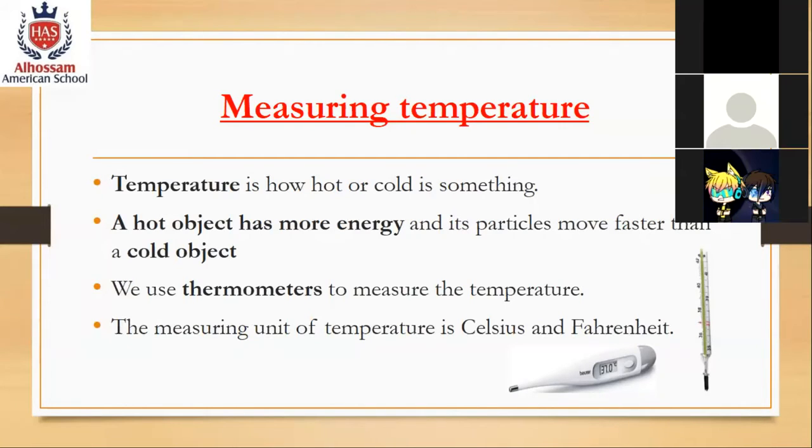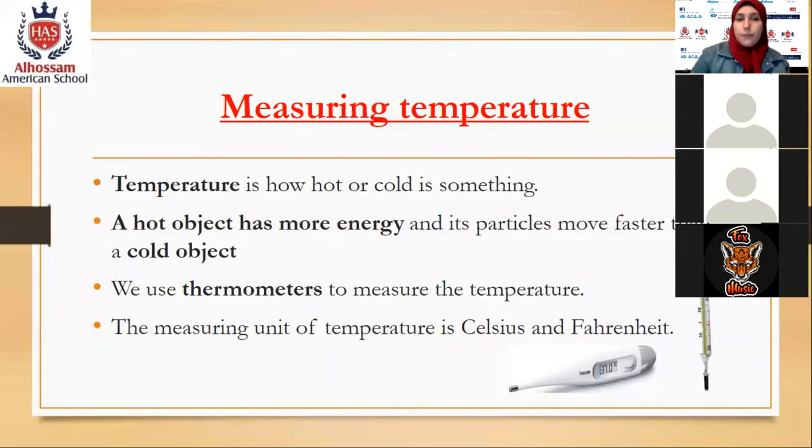And we said that the weight is what? It's the amount of gravity pulling the object down. And we measure the weight in what? In newtons, by a device or an instrument or a tool called a spring scale, as Muhammad Gaber said.